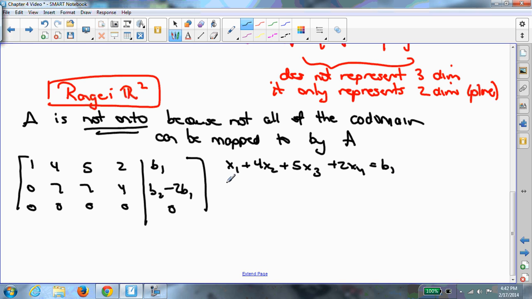And it would mean that 7x2 plus 7x3 plus 4x4 equals b2.